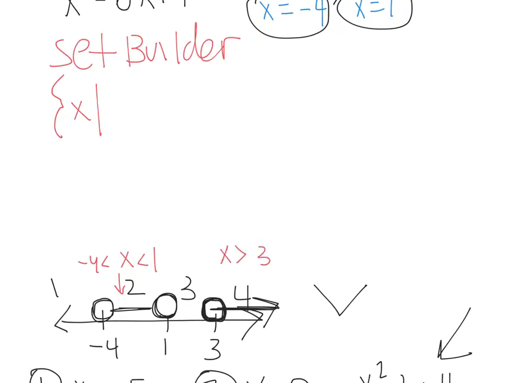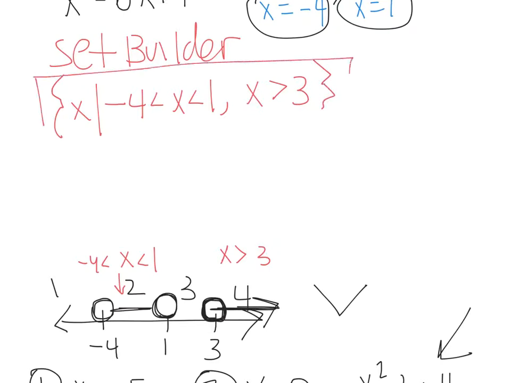Notice there is no little extra line underneath my inequality symbols because it's not equal to any of these numbers. So that's exactly what I'm going to write: -4 is less than x, which is less than 1, and also x is greater than 3, and that's it. So this is my set builder notation.